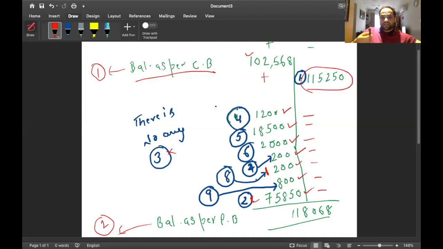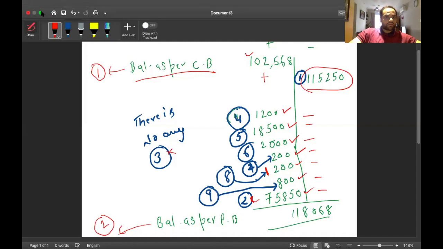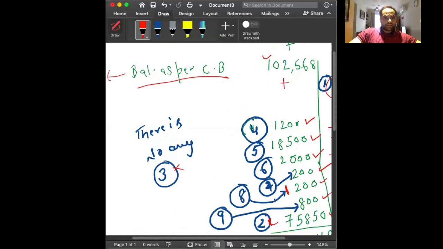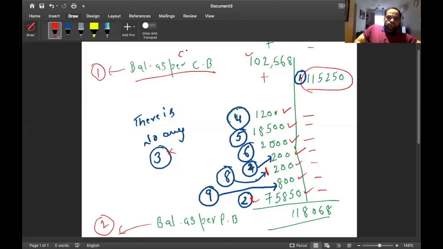In your table, this table is the balance as per cash book, right? This is the same balance we have in the cash book, right? How much is the balance in cash book? Yes, balance as per cash book. It's the cash book.